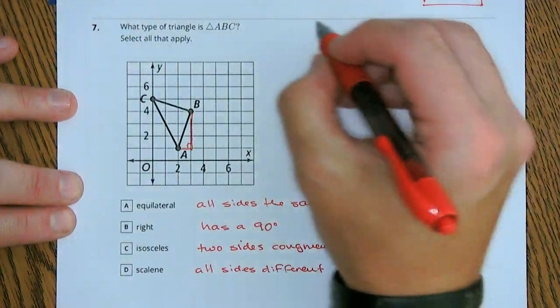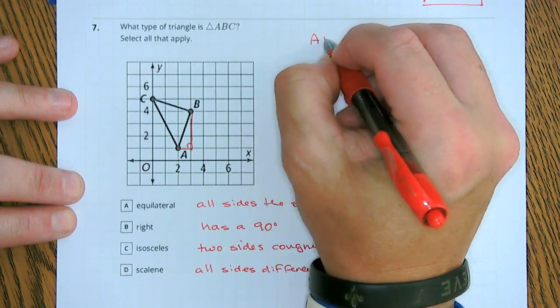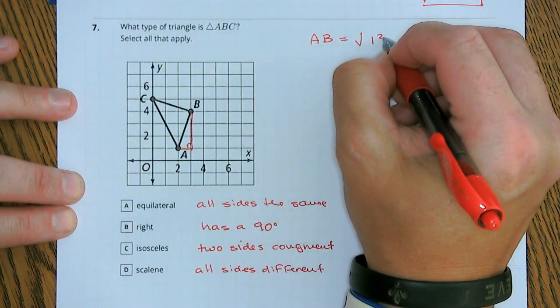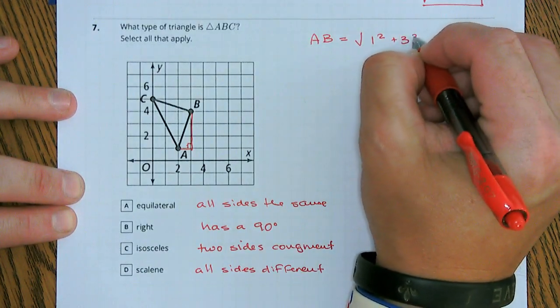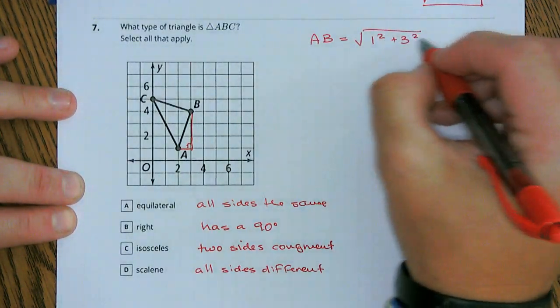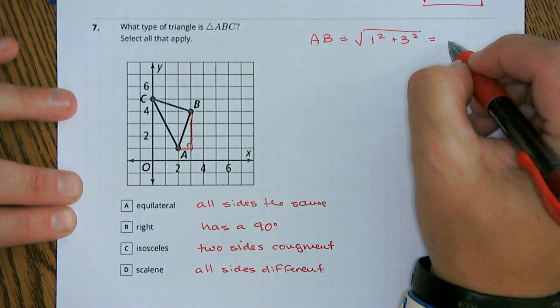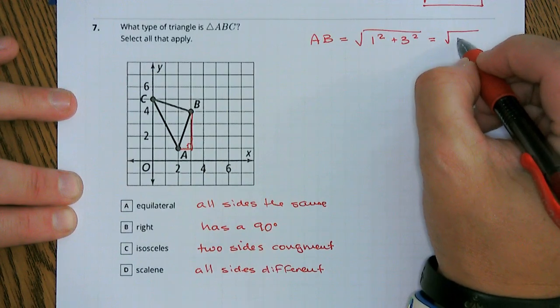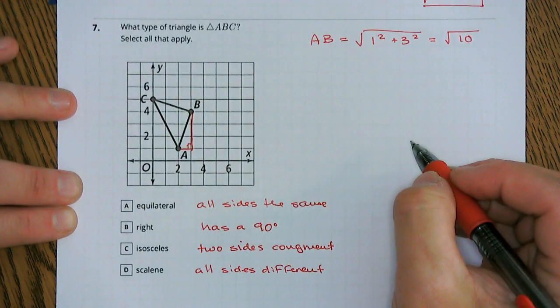Using our Pythagorean theorem, AB is going to be the square root of 1 squared plus 3 squared. 1 squared is 1, 3 squared is 9, 1 plus 9 is 10.